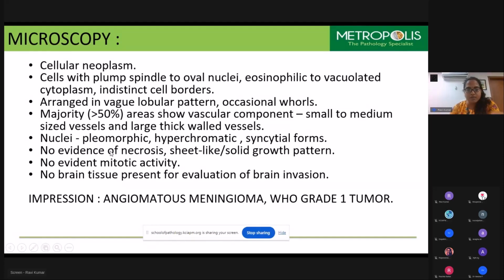These negative points give us the idea that it is not going into any anaplastic differentiation or anything like that. So the impression was angiomatous meningioma, WHO grade 1 tumor.